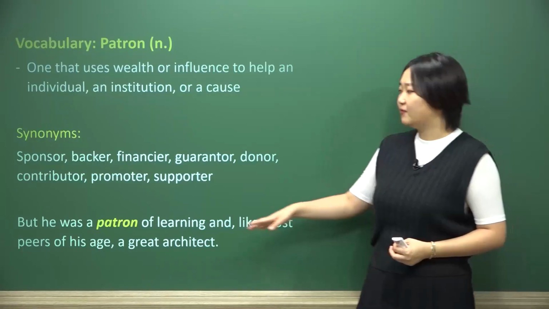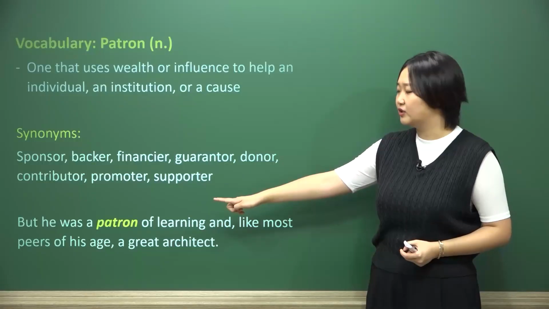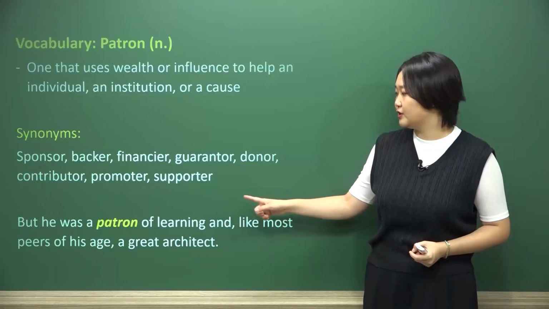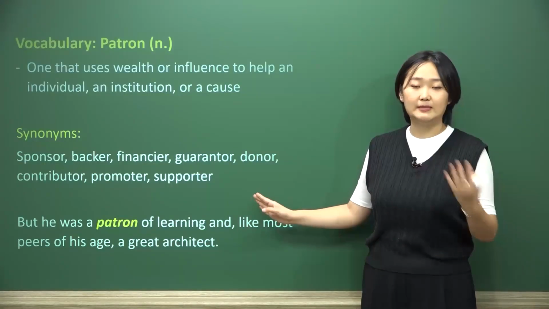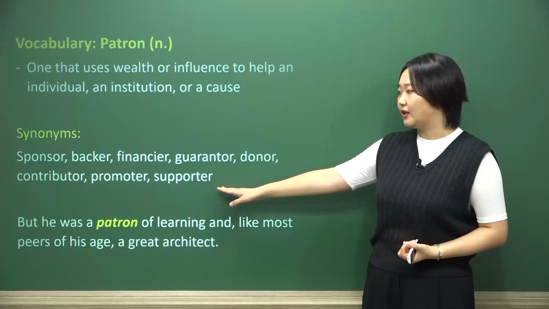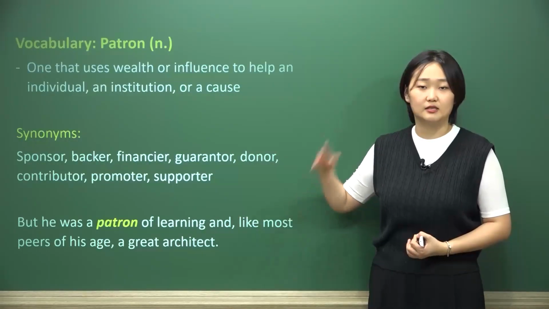Now, I would say, except for maybe promoter and supporter, out of all of them, actually as well, probably the word contributor too. Contributor, promoter, and supporter, these three don't necessarily talk about wealth. There's no implicit and necessary idea that there is money involved in supporting somebody, and so this could be all taken in the sense of influence.